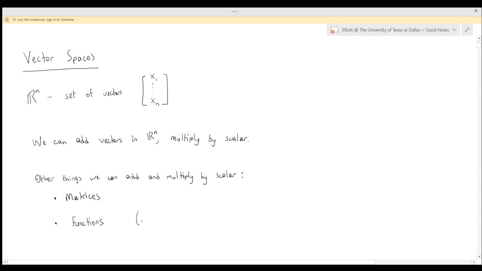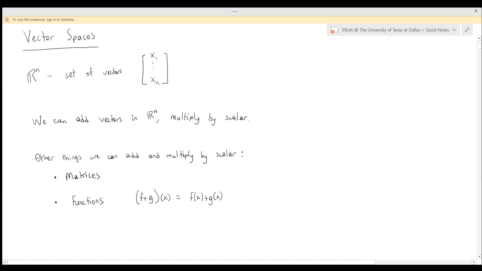So if you have two functions f and g, their sum f plus g would be the function that simply takes x and returns f of x plus g of x. And likewise for scalar multiplication, multiplying a function f by a scalar c just results in a function that multiplies all the outputs of f by c.